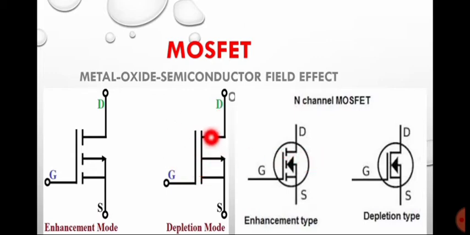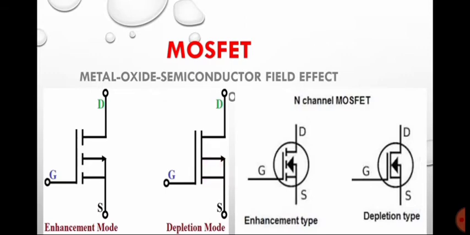Here the channel line is solid instead of dotted, hence it is known as depletion mode MOSFET, but it is of P type because the arrow is in outward direction, and the terminals remain the same. Drain, the source, the substrate itself, both are shorted, source and substrate. The middle terminal is known as substrate and this is source, both are shorted.